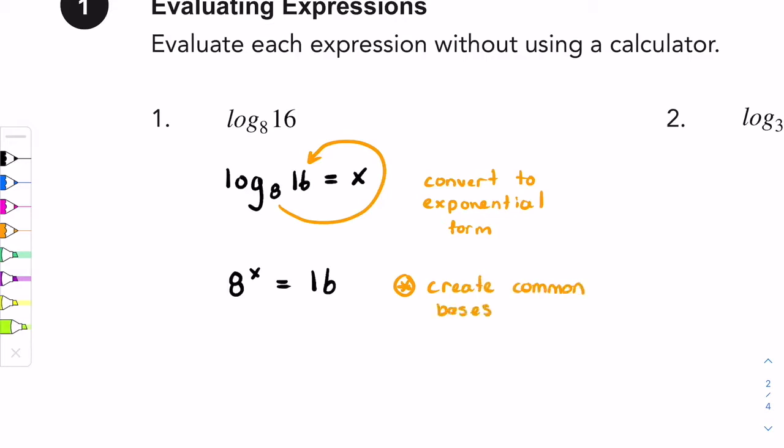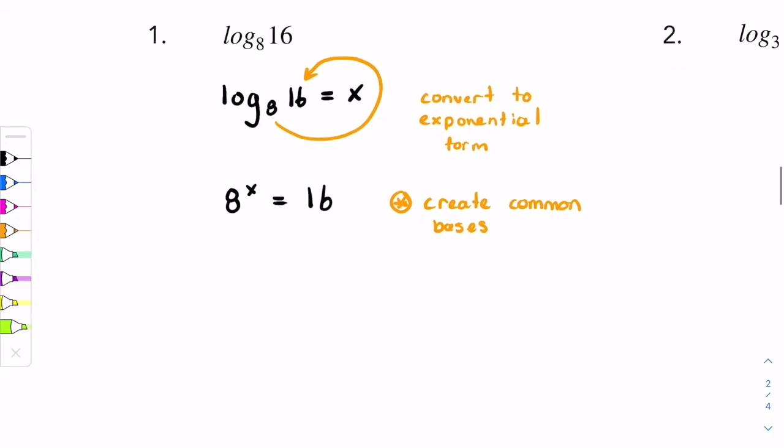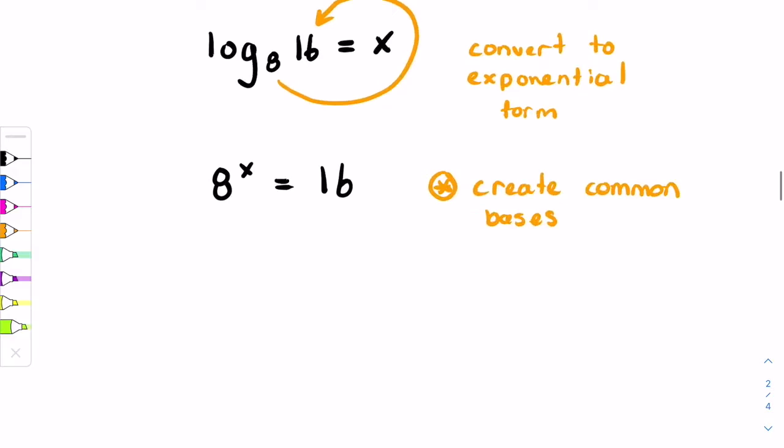And the bases are the base of the exponent. So we need to rewrite 8 and 16. There's no other way for me to say this other than you just have to experiment with a number and figure out how you could break it down to the same base. So if you're good at your exponents, or you know what squared values, cubed values, fourth values are, then you should be pretty quick at doing this. If you don't know them, you're again just going to have to experiment with this.